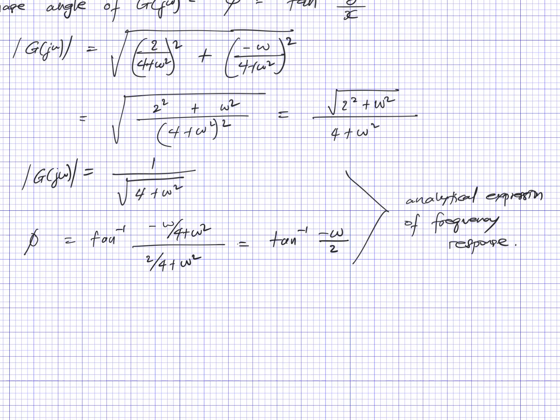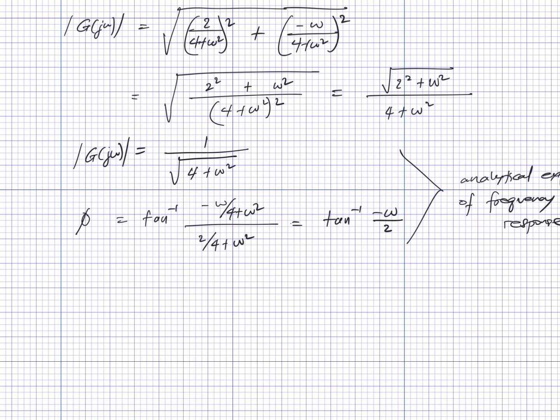So try to practice it with 2 poles and 3 poles and a second order system to find the analytical expressions of those types of systems. So now let's go and plot this analytical expression using the Nyquist plot.